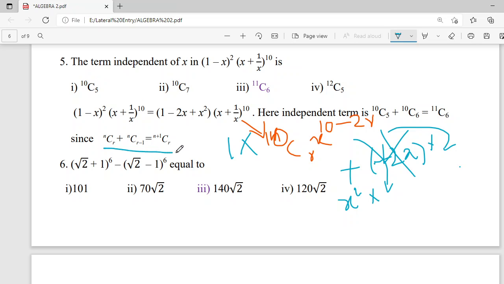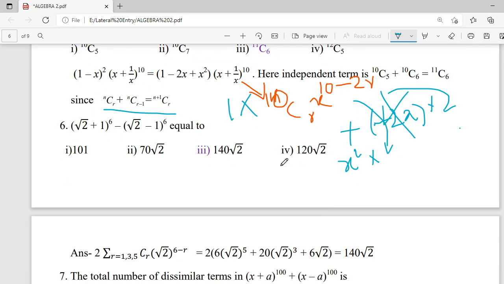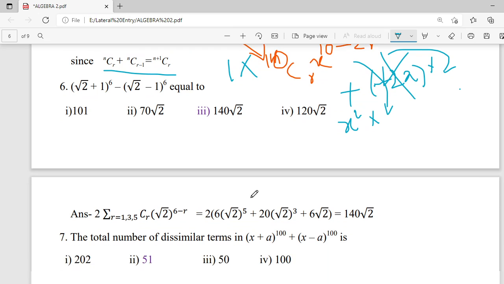So we are applying this answer. Then this is a plus b whole to the power n plus a minus b whole to the power n. Same expansion, but the signs alternate. For odd r it will be negative, for even r it will be positive. So when you add, the odd terms will go.